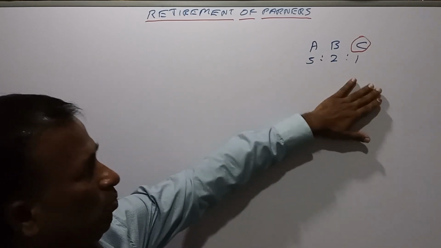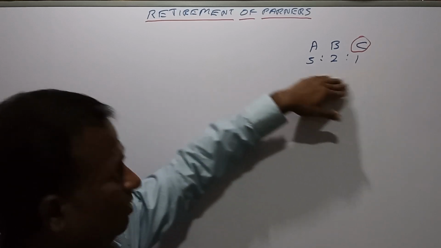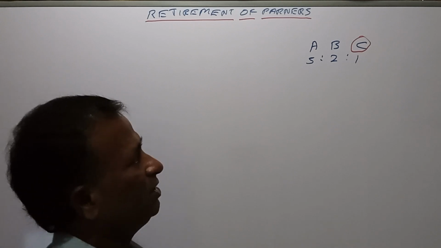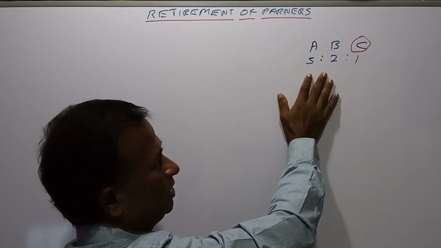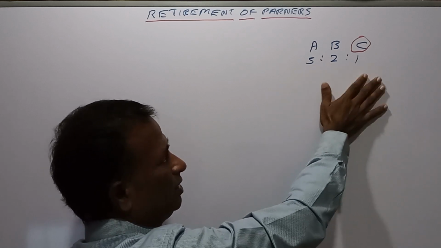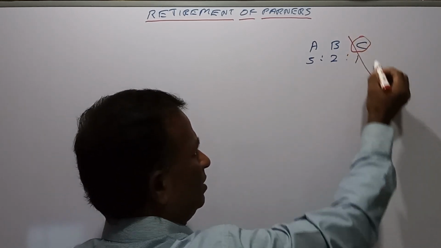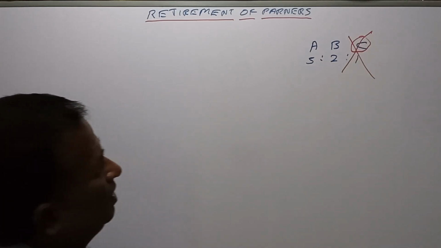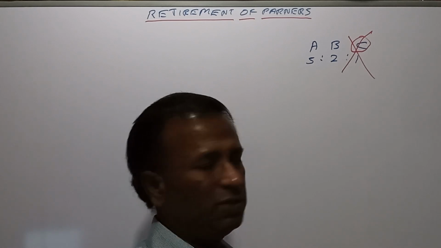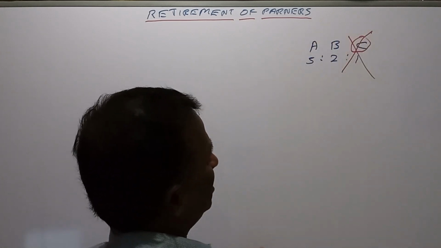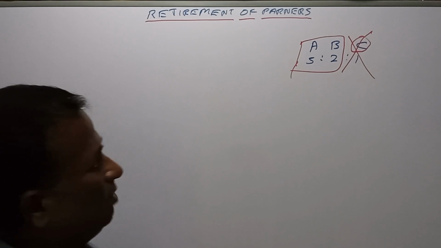Most people use the elimination method. Earlier the profit sharing ratio was 5 is to 2 is to 1. When C is removed, that is, retired, the remaining ratio is 5 is to 2. In this profit sharing ratio they will continue their partnership without any amendment.